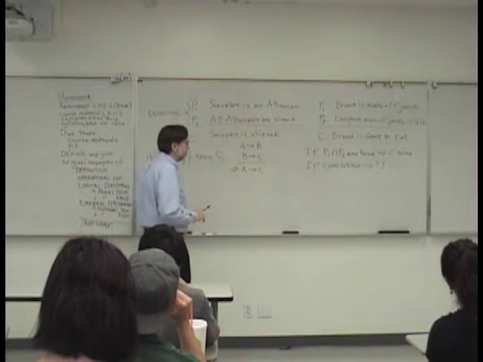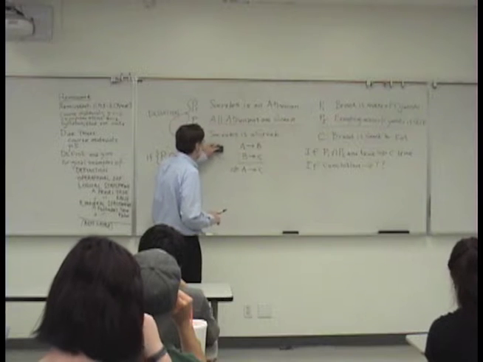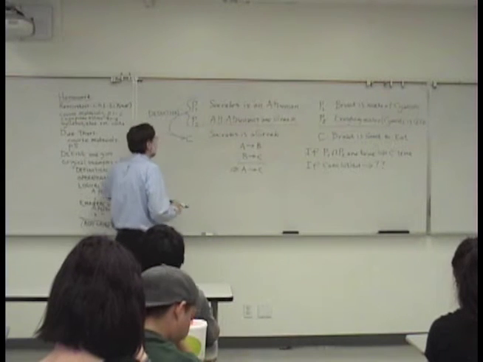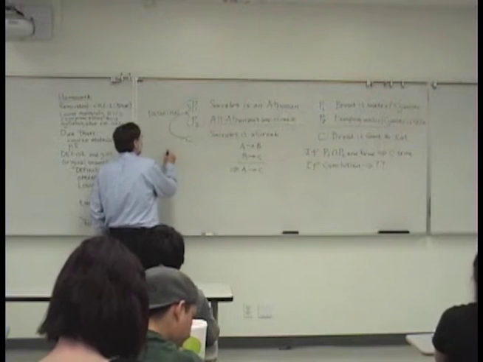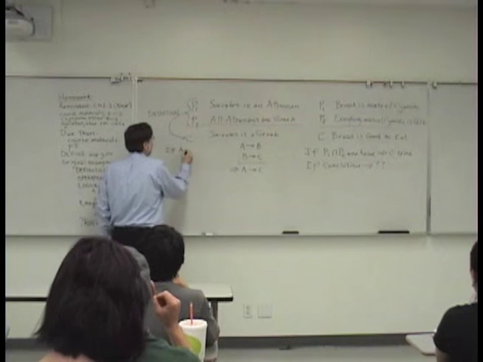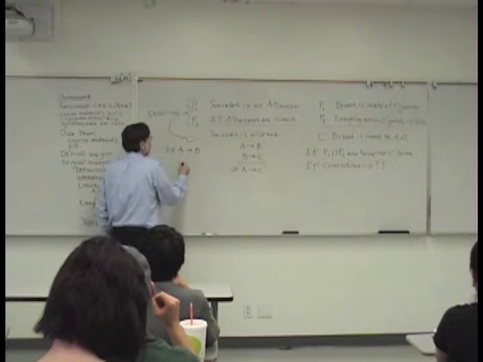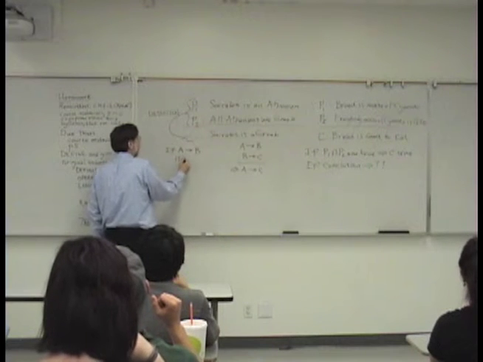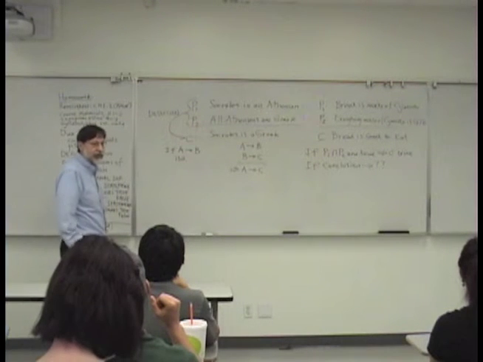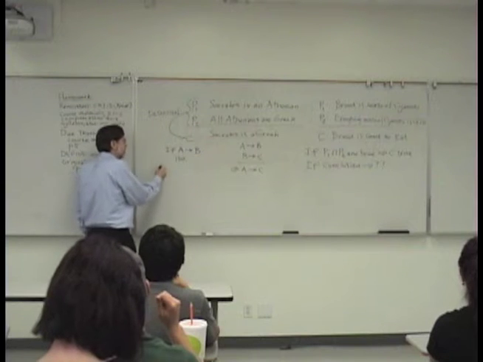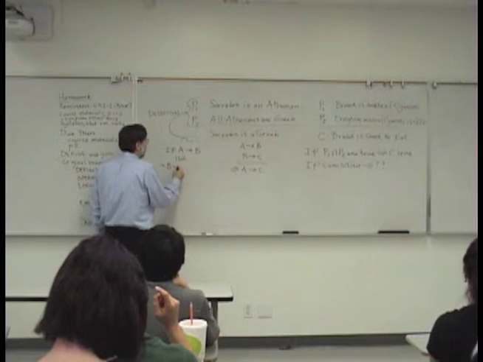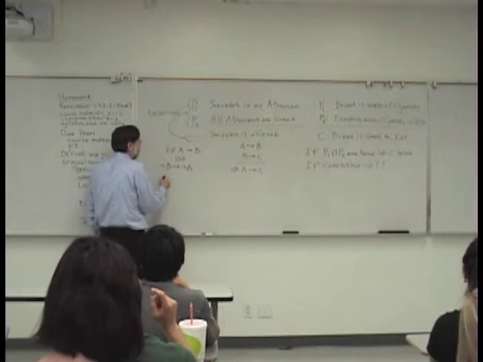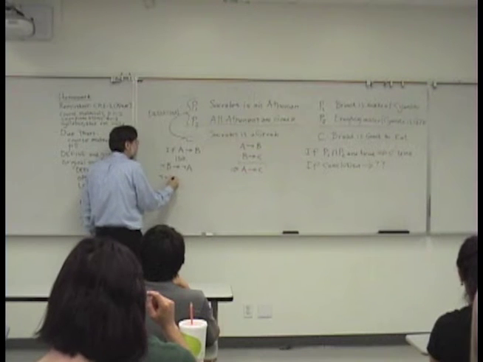And I taught you another principle, which was what does if A then B mean? That one is: if A implies B, it is the same as, if and only if, not B implies not A, where this is not.